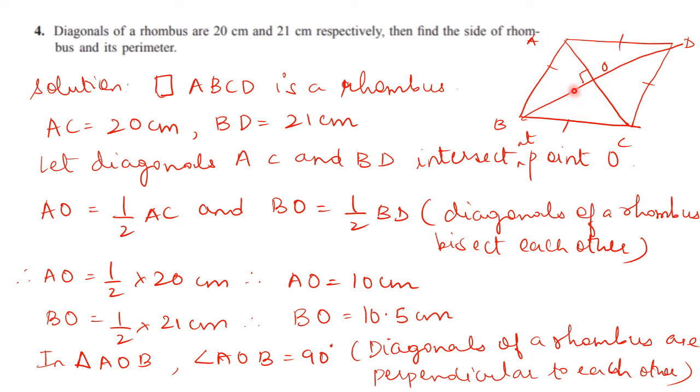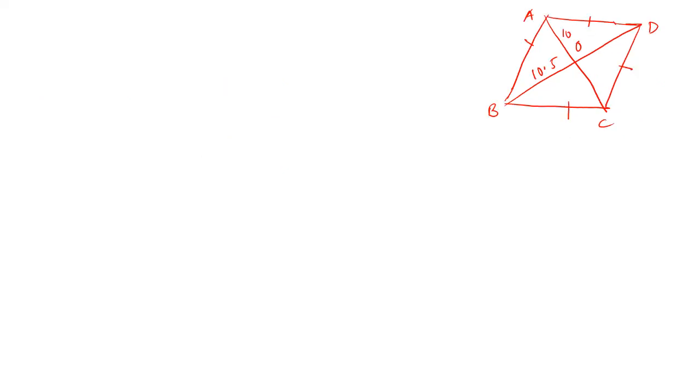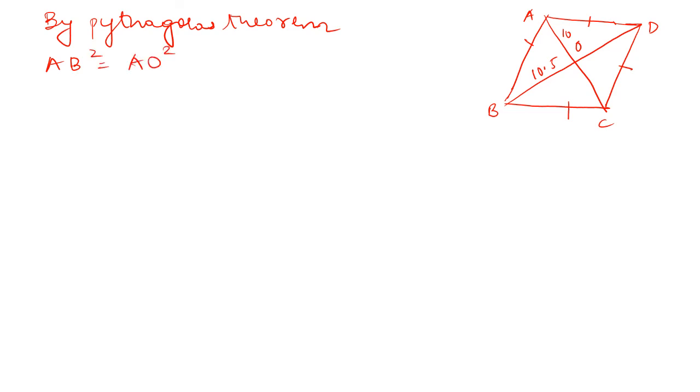So by Pythagoras theorem, AO square plus OB square is equal to AB square. We have found that AO is equal to 10 and BO is equal to 10.5. So by Pythagoras theorem, AB square is equal to AO square plus OB square.